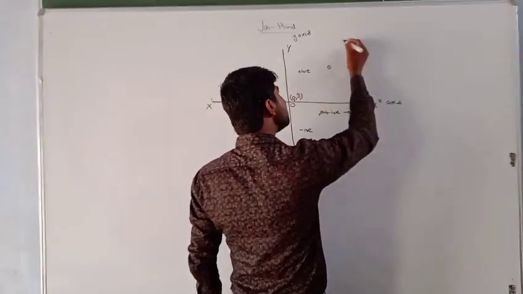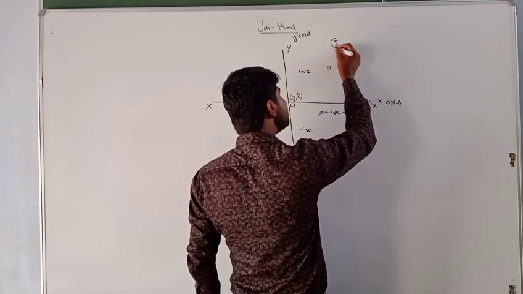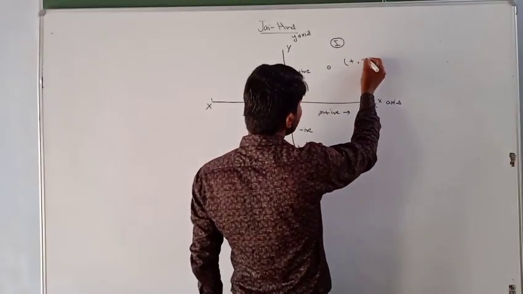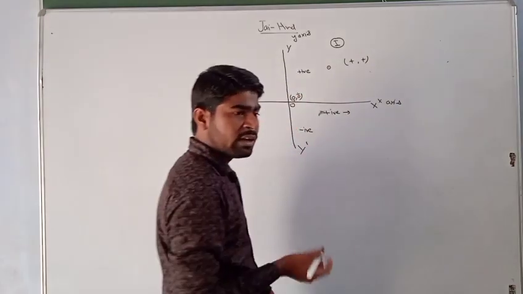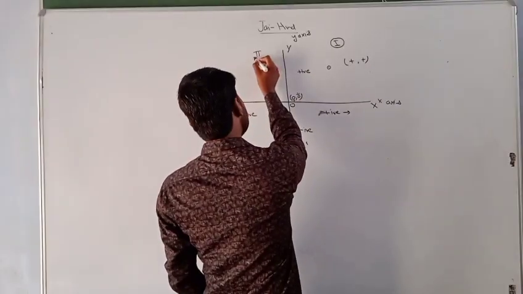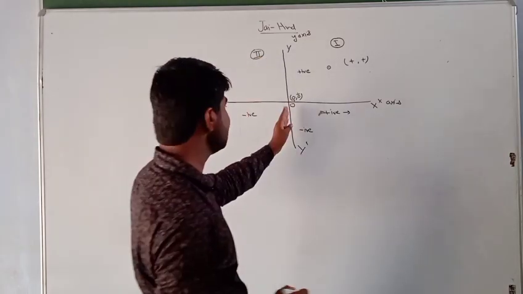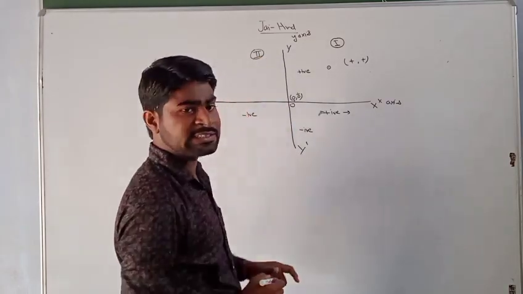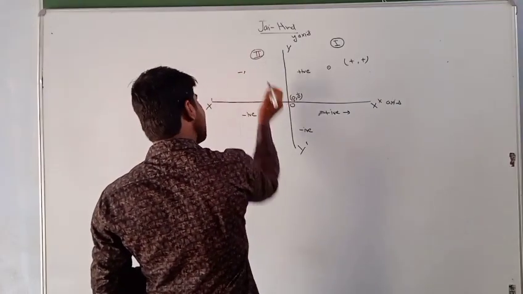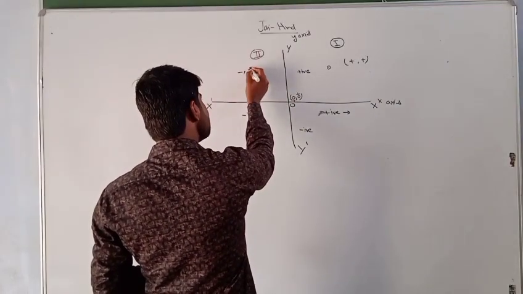The point which lies in this quadrant, the first quadrant, will always have a plus sign with abscissa and ordinate. In the second quadrant, we can see that the value of x is negative, minus, and the value of y is positive.